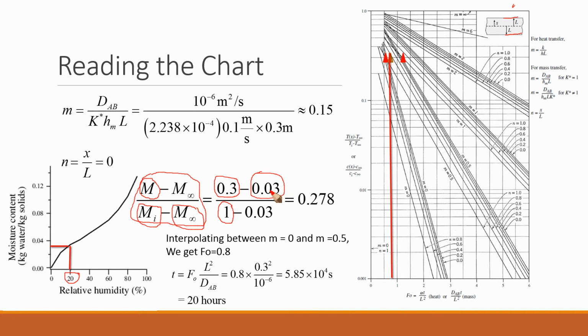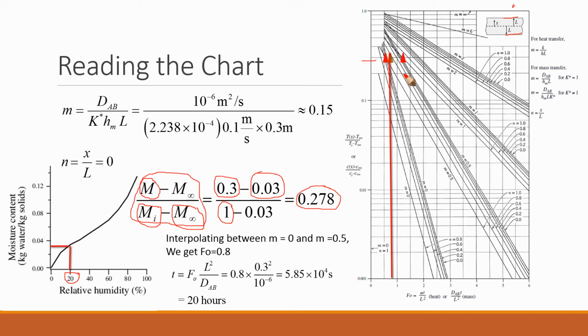So this is moisture in the solid that is in equilibrium with the 20% relative humidity air. If I plug all this in, I get the y value 0.278. So the y value is somewhere here, 0.278.